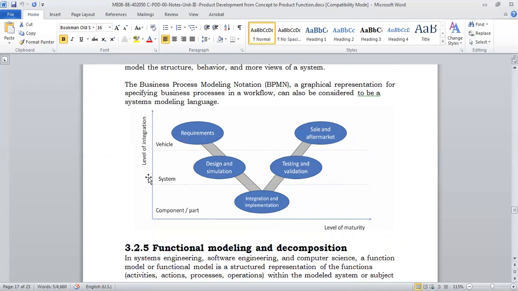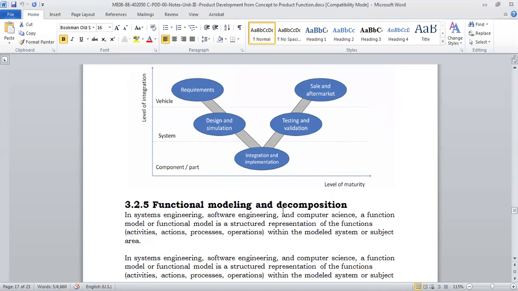From design and simulation, we'll do integration and implementation. Then once everything is integrated, we'll do testing, and check whether everything is fine or not. That is testing and validation. And at the end, we will do sales and aftermarket. After everything is delivered, we'll see how it's performing.